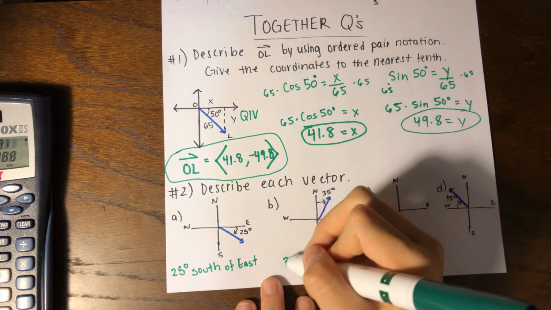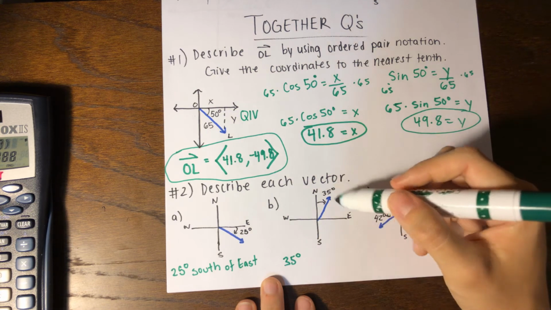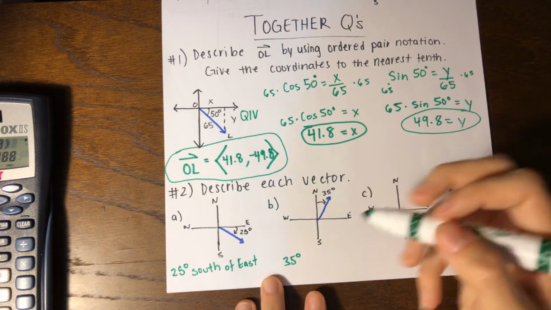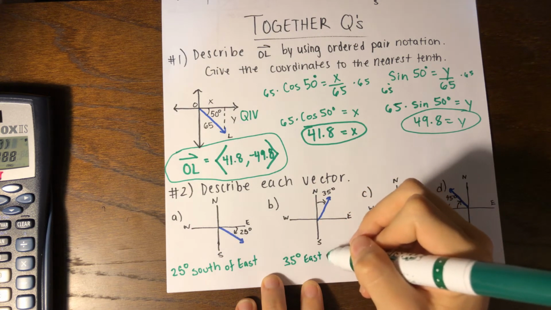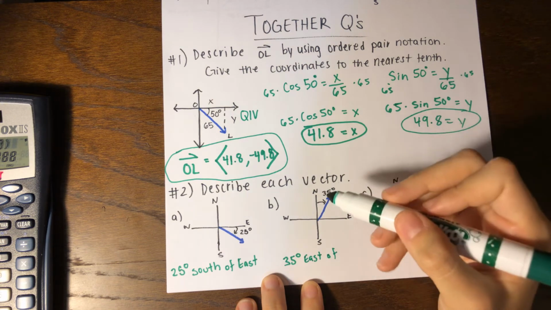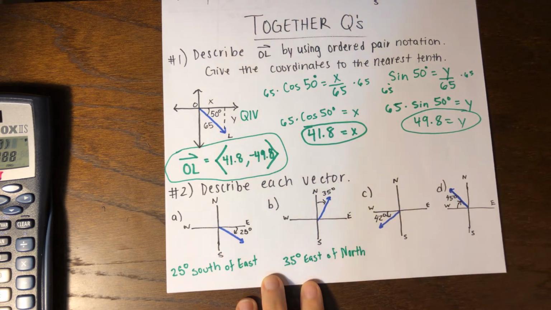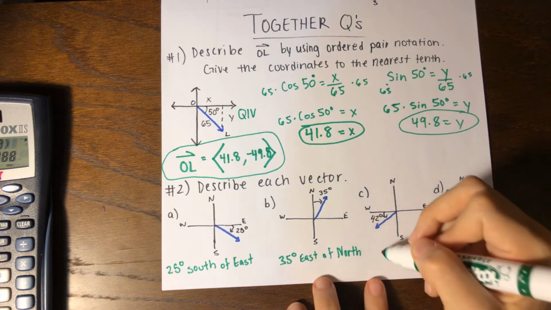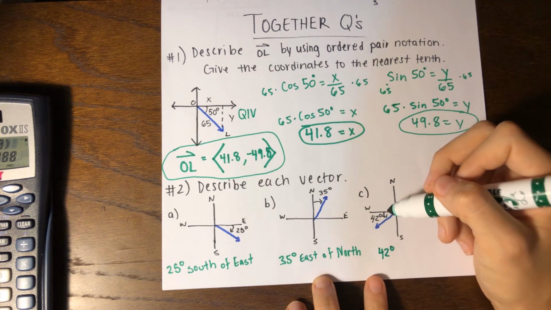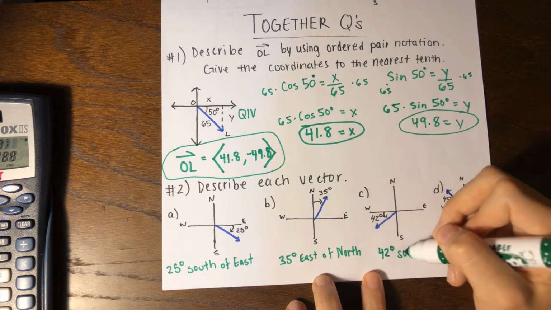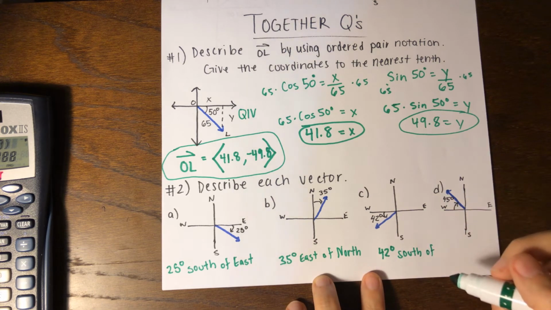Okay, next one. We write the degree first. 35 degrees is the vector angle. Okay, and it went down, over to the right to east, so 35 degrees east of, where did we come from? North. Okay, the next one we have 42 degrees, and we went down south, so south of, where did we come from?